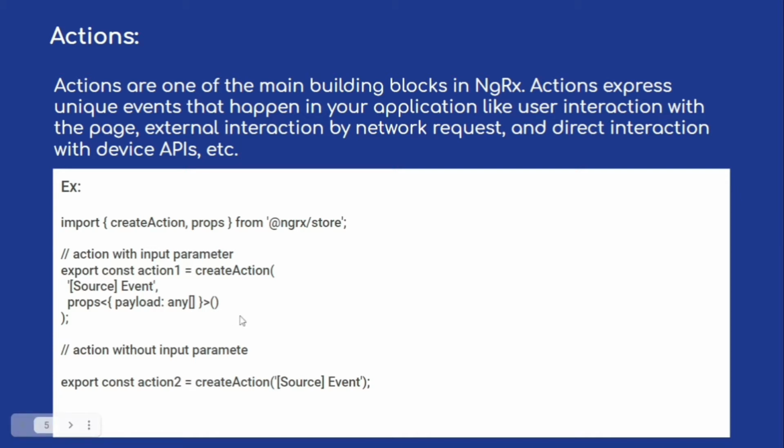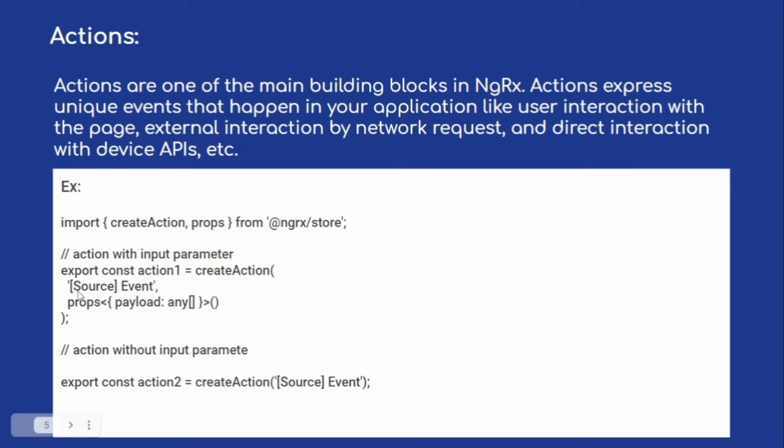Okay. So how to name the action? Naming an action is a simple string, but there is a standard. If you observe here, in the square brackets, source, and later a space and event. So source is nothing but which thing invoked this action. If you are calling something like a dashboard API, I can specify in the square brackets, dashboard API.